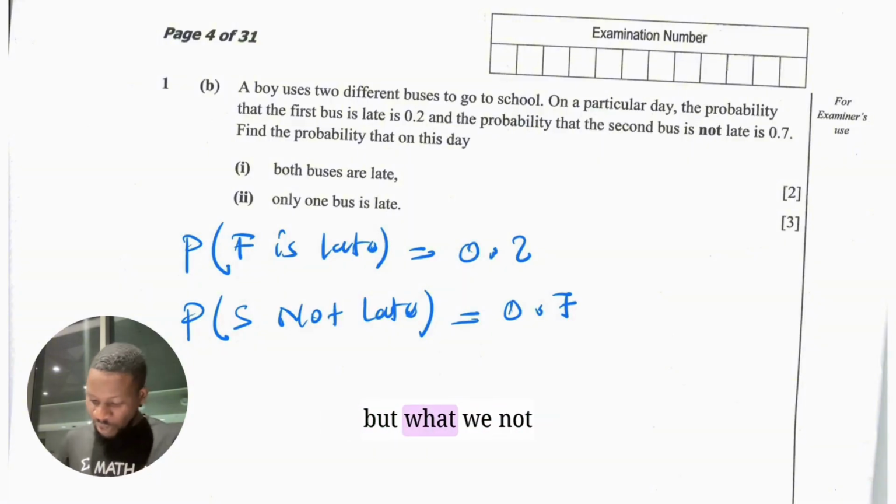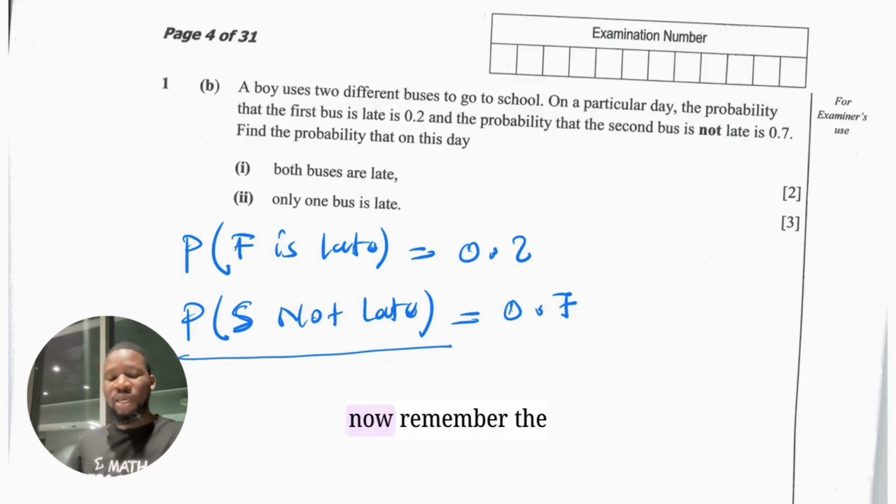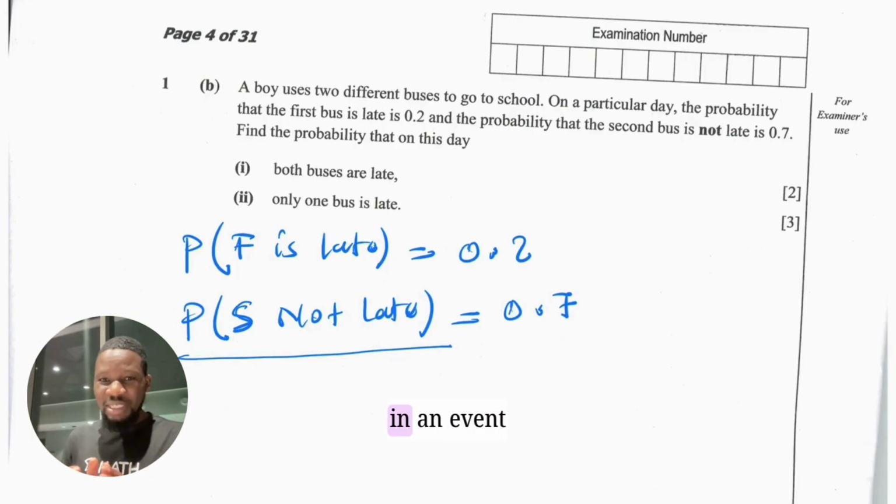Now we want the probability that both buses are late. But what we do not know is the probability that the second bus is late, because the question tells us that the probability that the second bus is not late is 0.7. Now remember the sum of probabilities in an event should be 1.